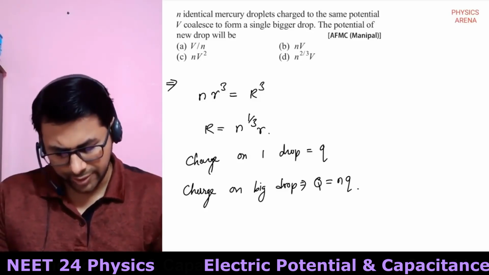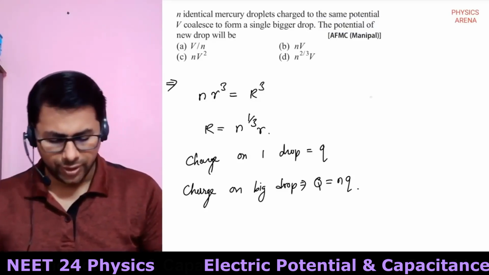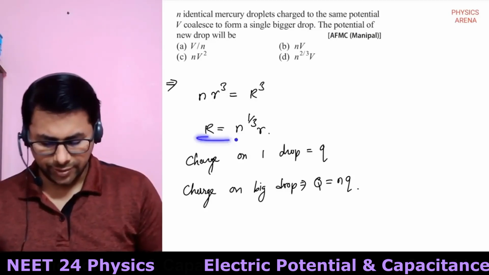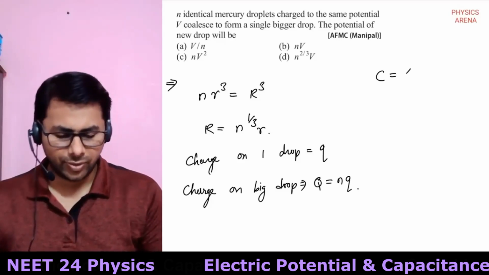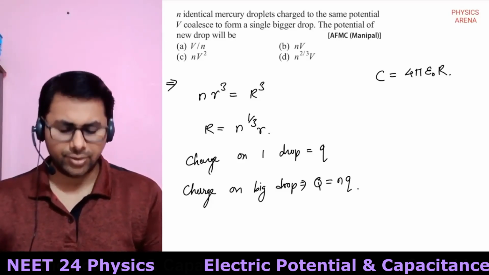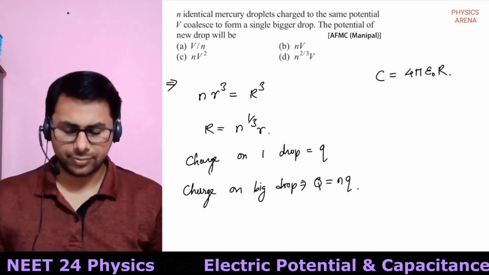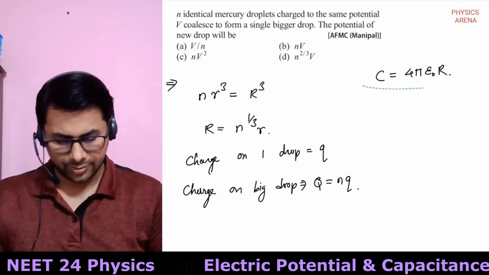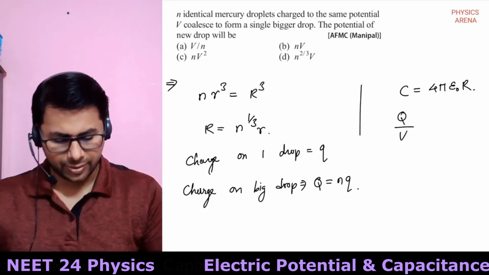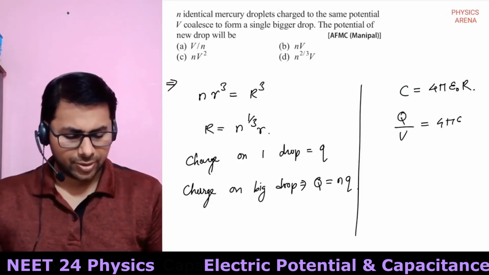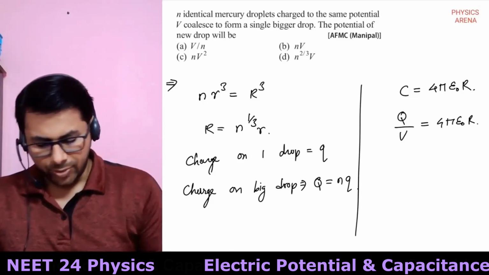Oh, we just want potential, not the capacitance. Okay, so the radius becomes this thing, and capacitance is equal to 4 pi epsilon naught R, and that is Q by V. So C is equal to Q upon V dash.